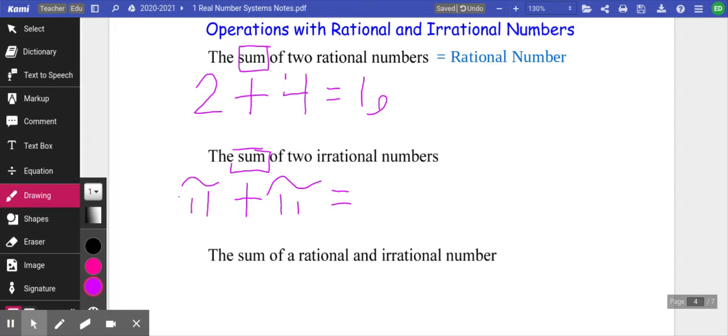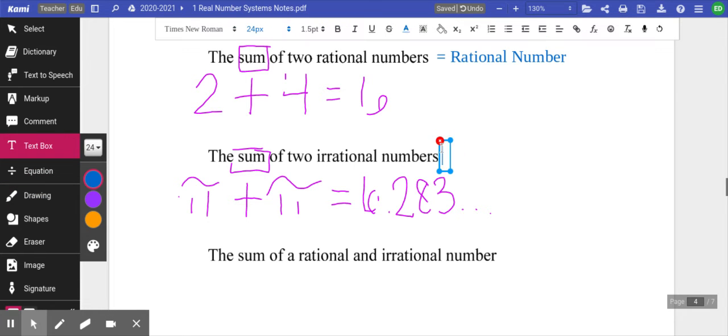So if I hit second and then this little caret, plus, again second and then the caret, I would get 6.283185301, which is a decimal that does not stop and does not repeat, which makes it irrational. So it goes on forever, which makes it irrational. Anytime I add two irrational numbers, I'm going to get an irrational answer.